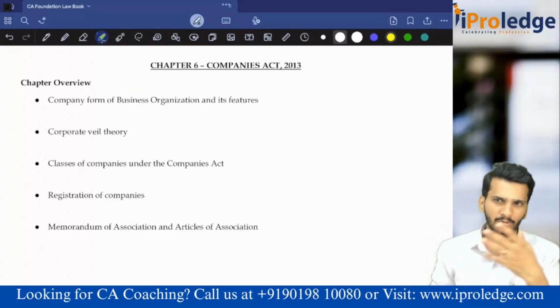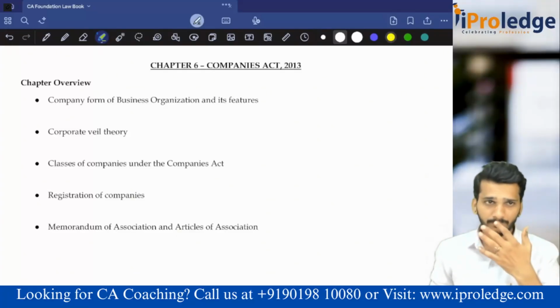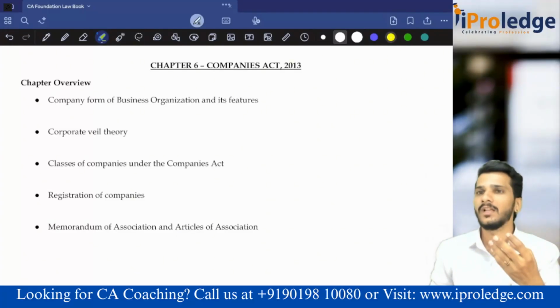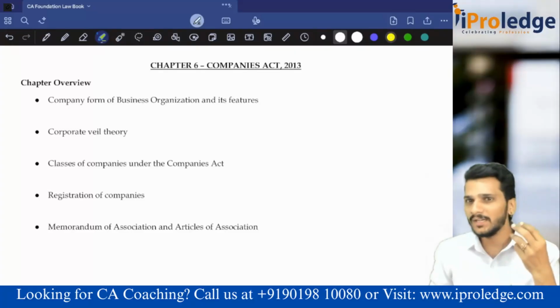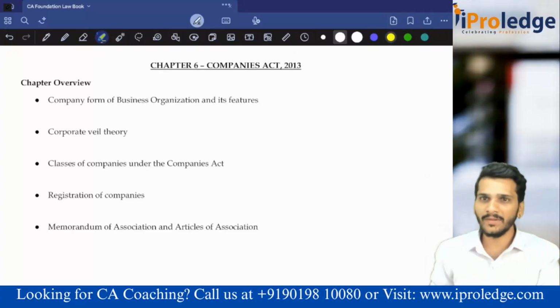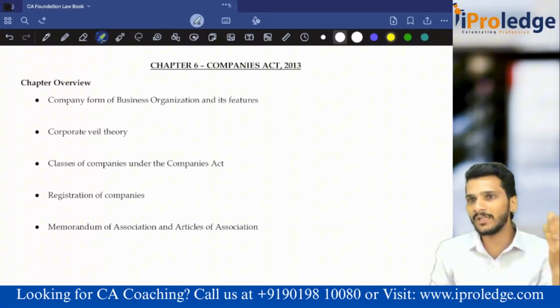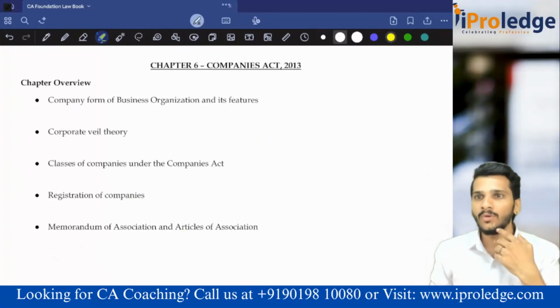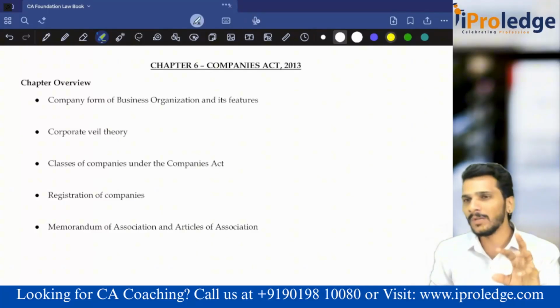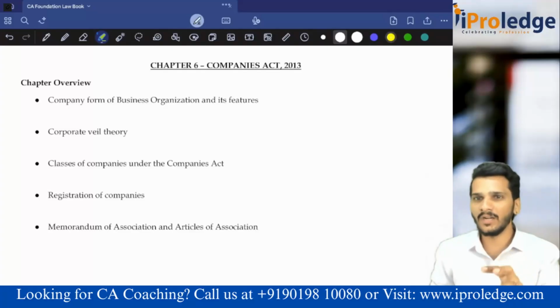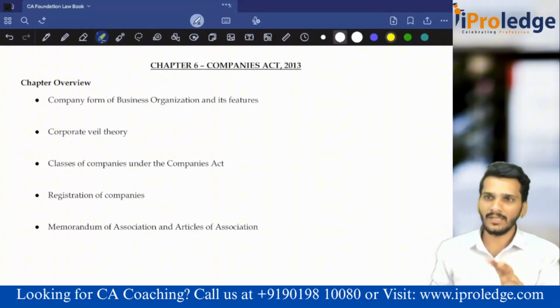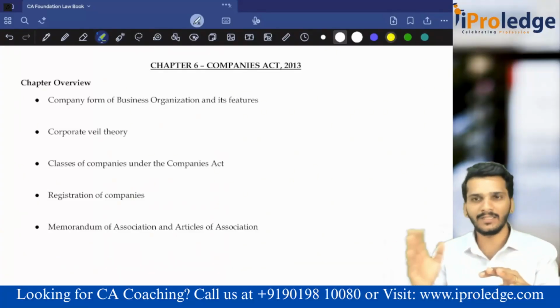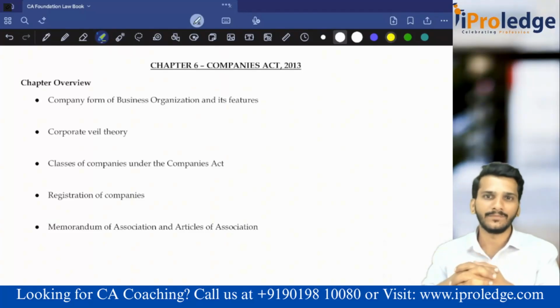There are so many Companies Acts because in India there are so many companies that have existed for the last 100 years. We got independence 77 years ago, I think. But there are some Tata companies that have already completed 100 years. So whether it is before independence or after independence, if it is registered under the Companies Act, whether current or previous, it is called a company only.